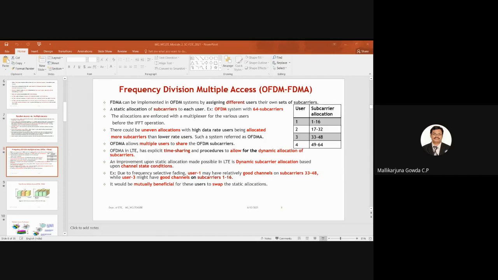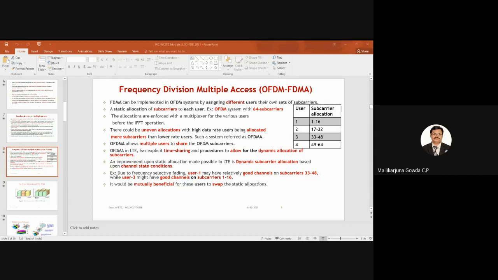Because of that, it is limited in its capacity. Here, for all 4 users, the subcarriers are allocated equally: with the 64 subcarriers, the number allocated to each user is equal.